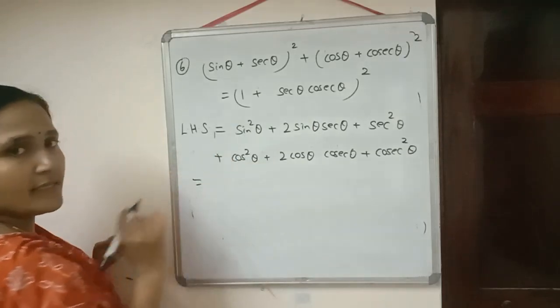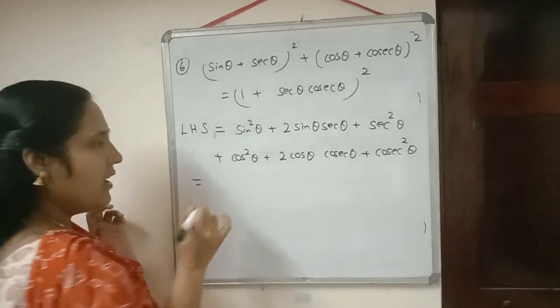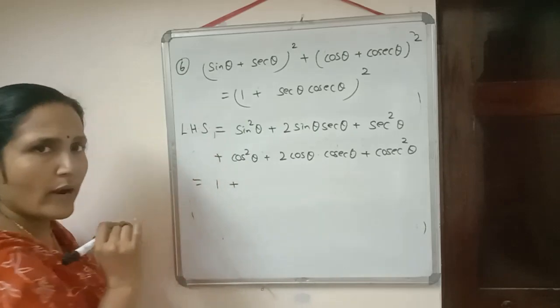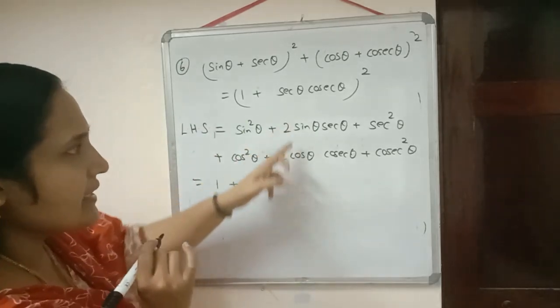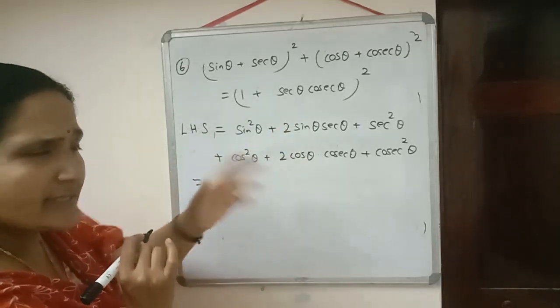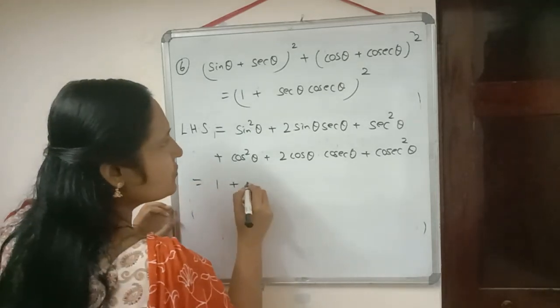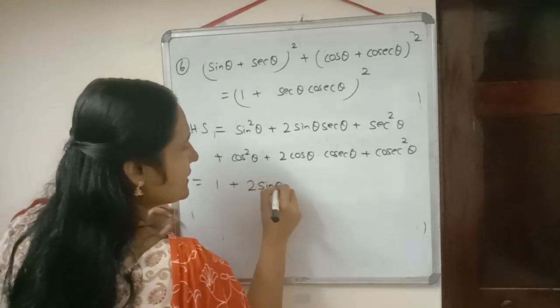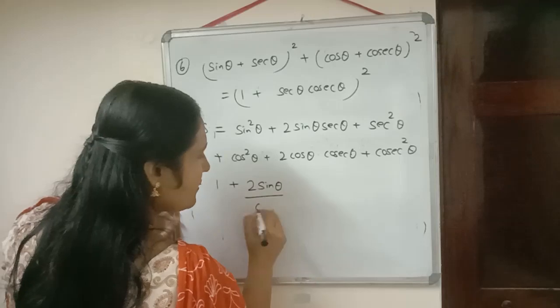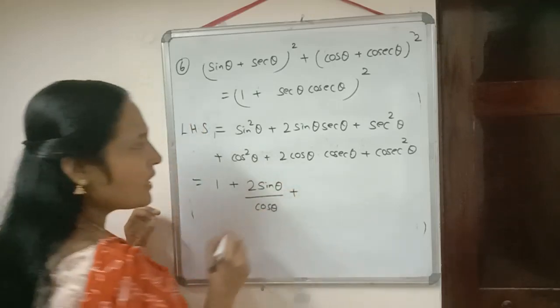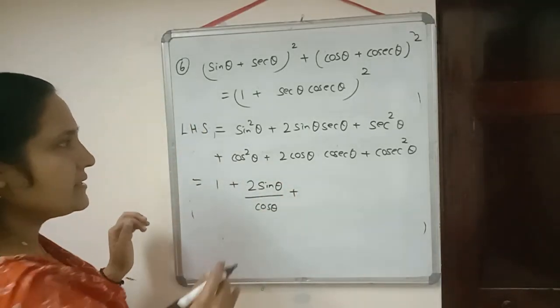What is sin square theta plus cos square theta? 1. So we got here 1 plus. Now these two we can combine there because these two like same there. Okay. So 2 sin theta, sec theta can be written as 1 by cos theta. So we can write here 2 sin theta by cos theta.